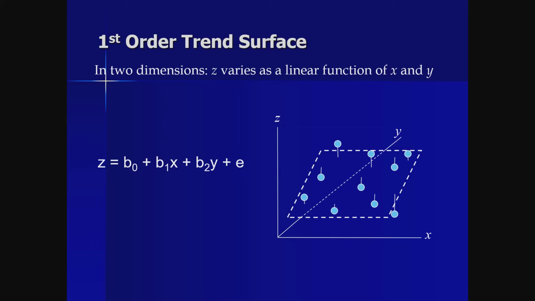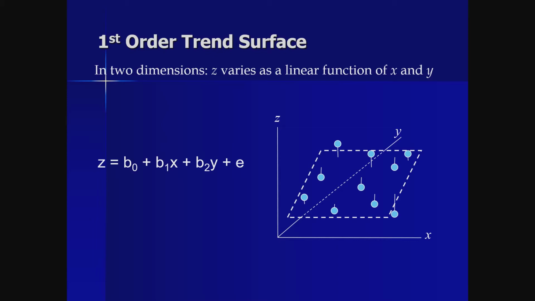But the same basic principle applies in that we're trying to minimize all of these differences from the trend surface to the known points. And you don't actually have to specify or calculate this math. ArcGIS calculates the math for you. But this is what it's doing.